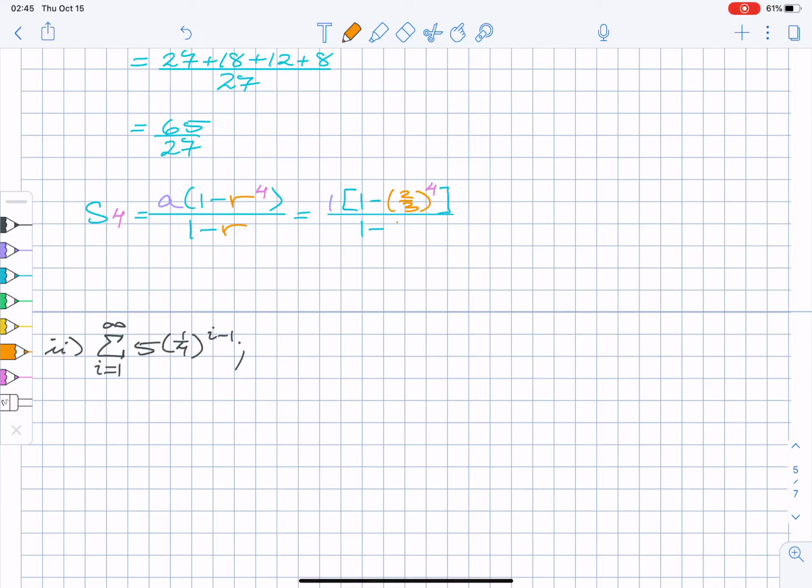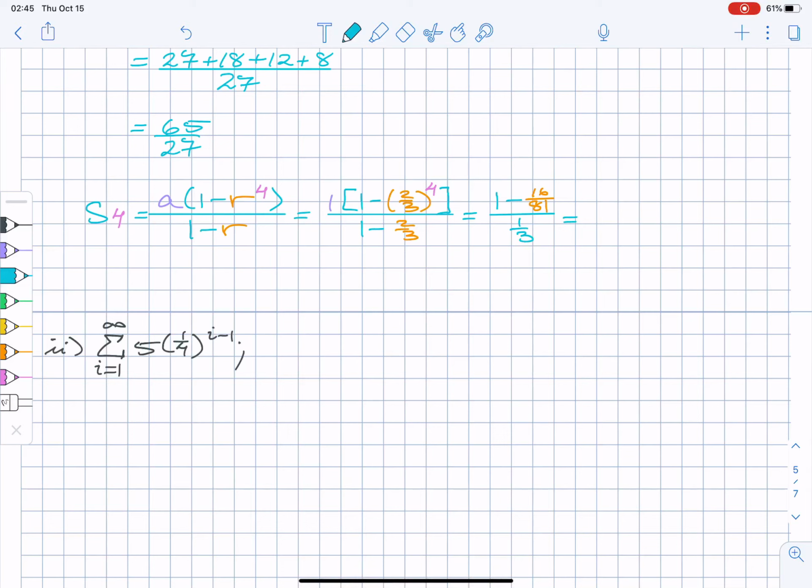So I guess that's a good check to do it the long way first. Okay, so the numerator will be 1 minus 2 to the fourth, which is 16, over 3 to the fourth, which is 81, all over 3/3 minus 2/3, which is 1/3.